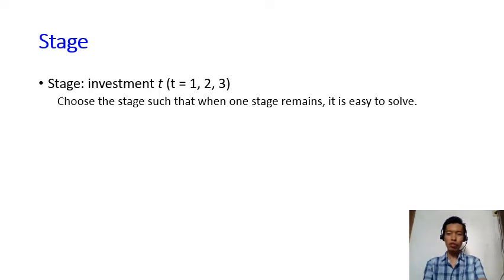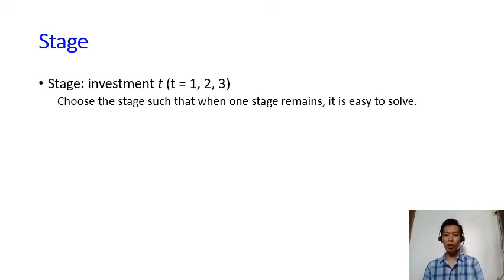So the stage for this problem is the investment 1, 2, 3. How do we know about this? Well, we always try to choose the stage such that when one stage remains, the problem becomes easy to solve. For example, if you only have one type of investment, let's say investment 3 is the only option, then it's very easy, right?